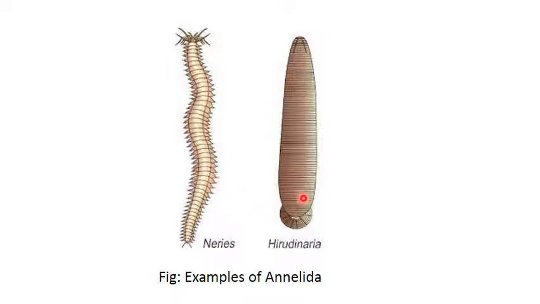This is a Hirudinaria that you know sucks blood, and for that it has two suckers, one here and one at the oral end. एक attachment के लिए है, एक for sucking of the blood के लिए.